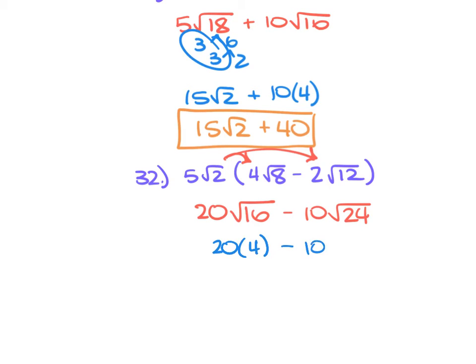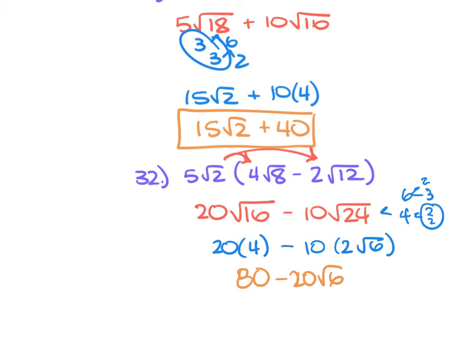And then the square root of 24 is 4 and 6. 6 is 2 and 3. The 6 is 2 and 2. So that's 10 times 2 square root 6. 20 times 4 is 80 minus 20 square root 6 is our answer.